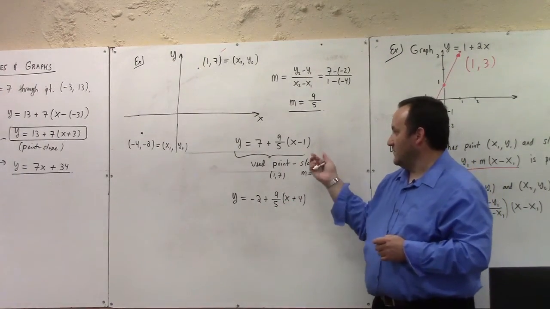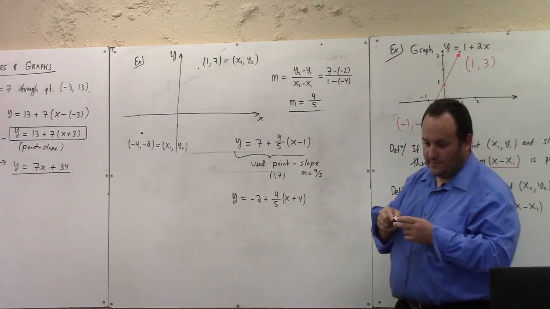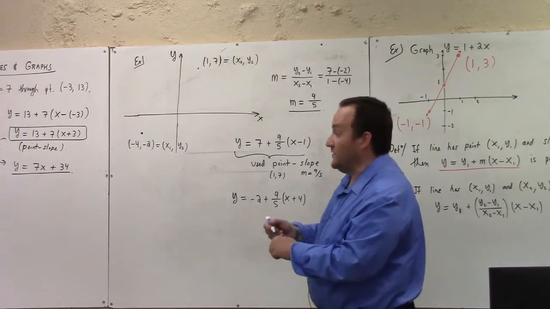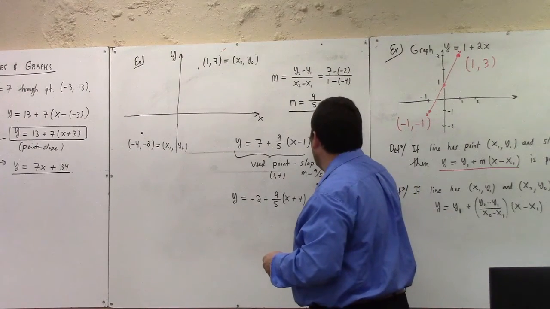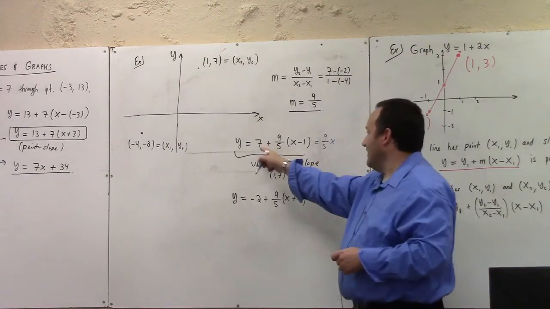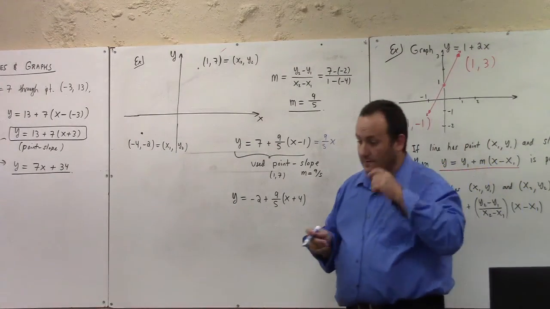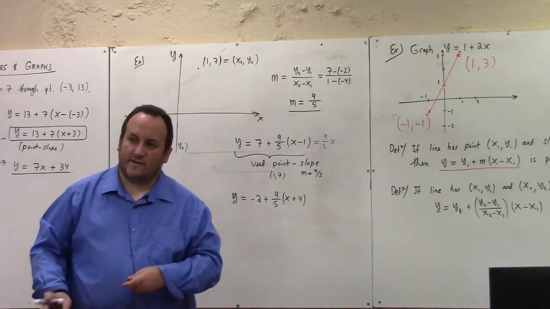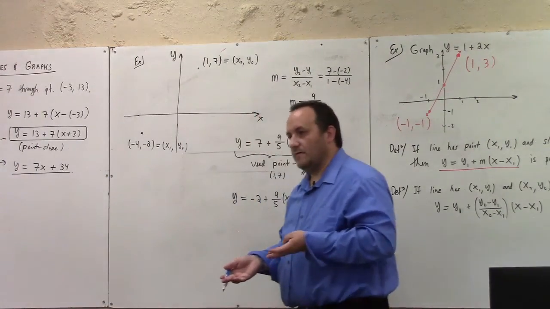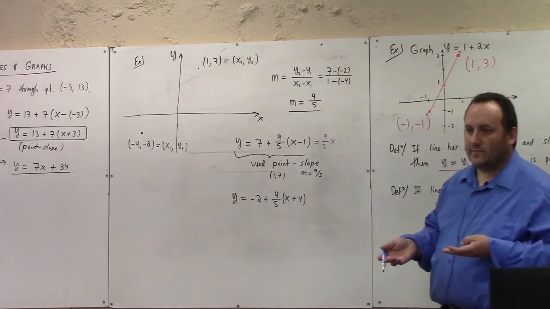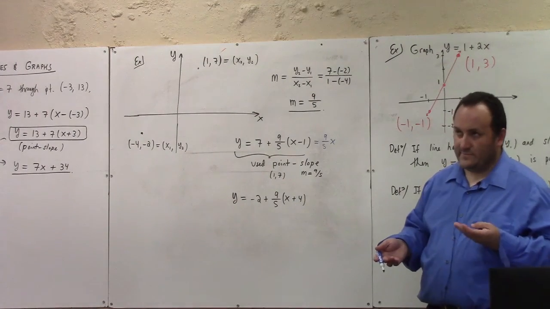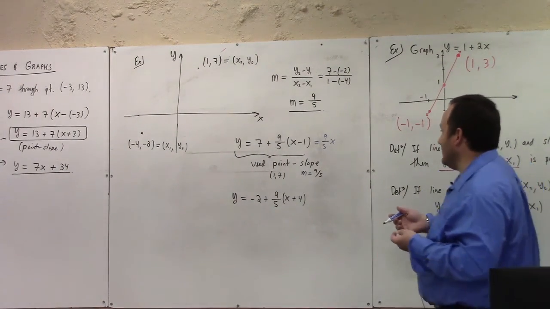If we work this out, let's multiply both of these out and put them back into the slope-intercept form. So we got what? We got 9/5 x. And what is 7 minus 9/5? 7 minus 9/5 is 35 minus 9 over 5. 35 minus 9 is 26. 26 over 5.